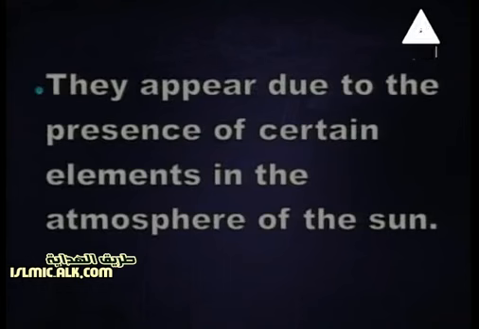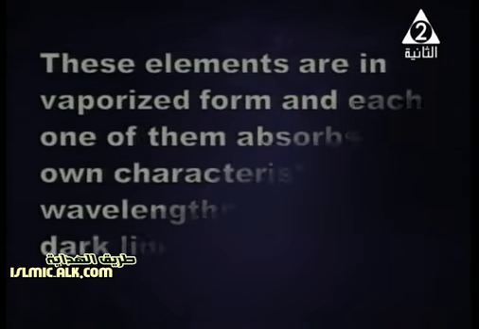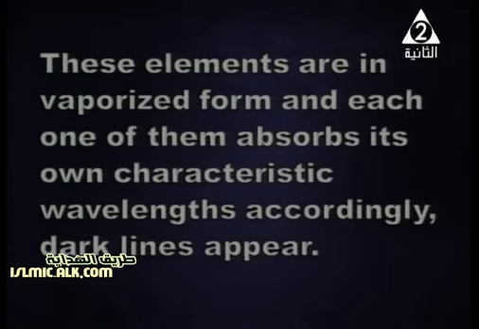Okay, they appear due to the presence of certain elements in the atmosphere of the sun. These elements are in vaporized form, and each one of them absorbs its own characteristic wavelengths.